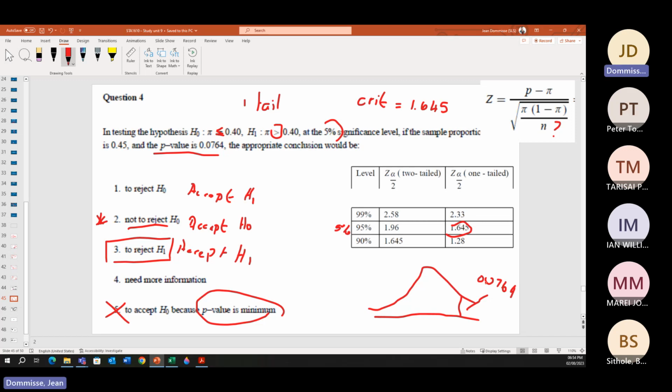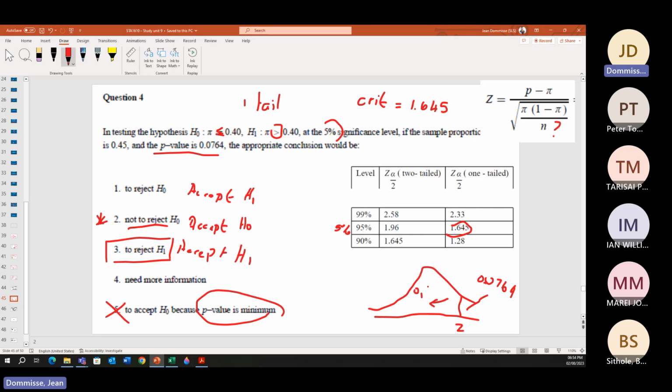So from that p-value, we actually can get a z. So remember, 0.0764. If I again go to the tables, I want to know this bigger area.